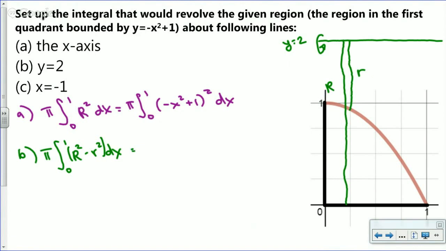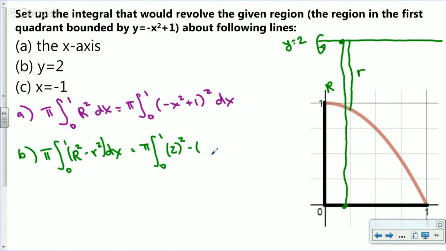Okay, so pi times the integral from x equals 0 to x equals 1. Capital R, top minus bottom. So start here, finish here. So that's going to be what, 2 minus 0? So just 2. So 2 squared, or 4, either way.